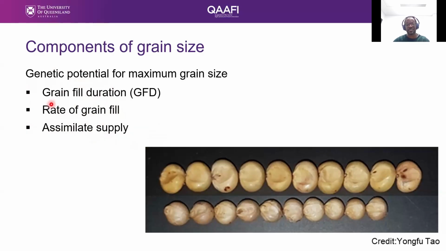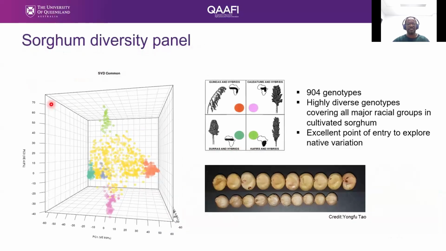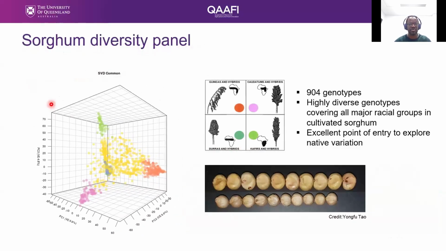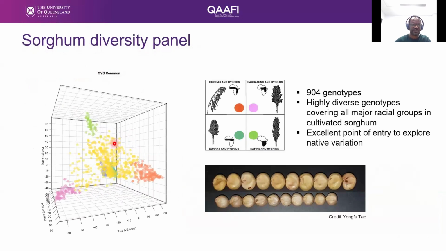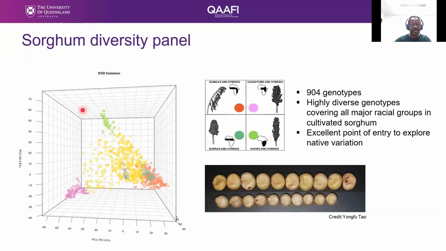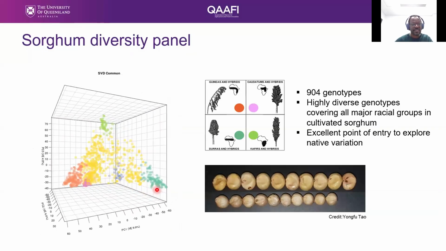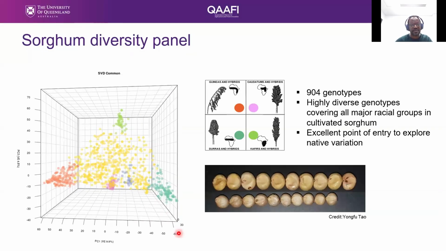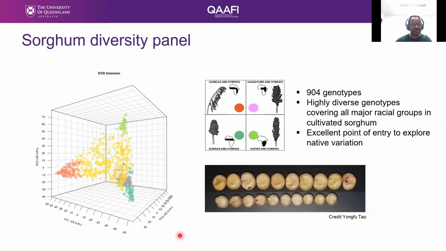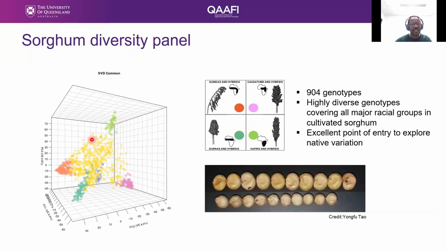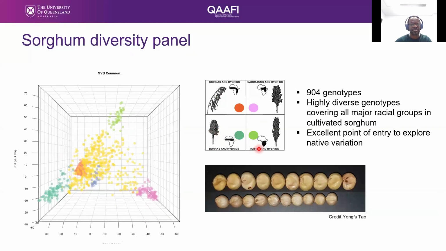So to answer these questions, we sought to explore most of the available genetic diversity for sorghum, and this PCA is just like the previous PCA, but this one now shows all the racial groups that are available in sorghum, and these corners represent the different racial groups.